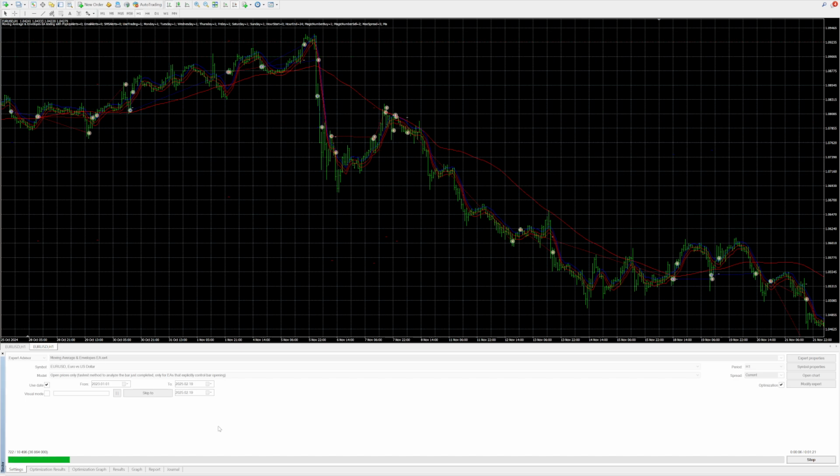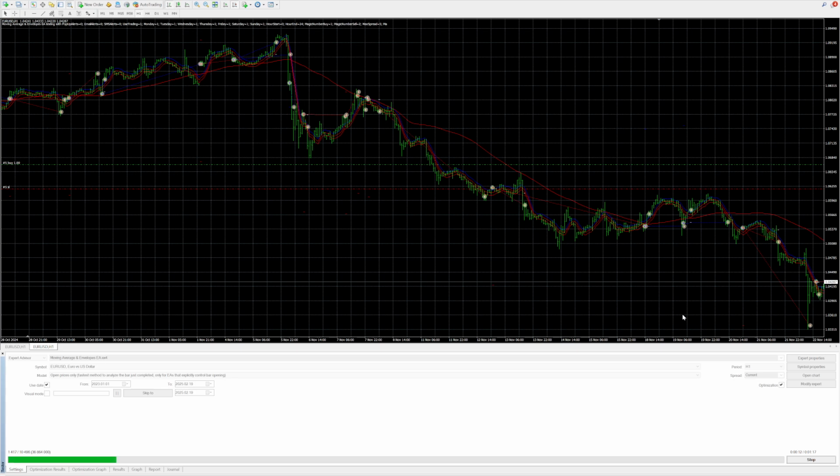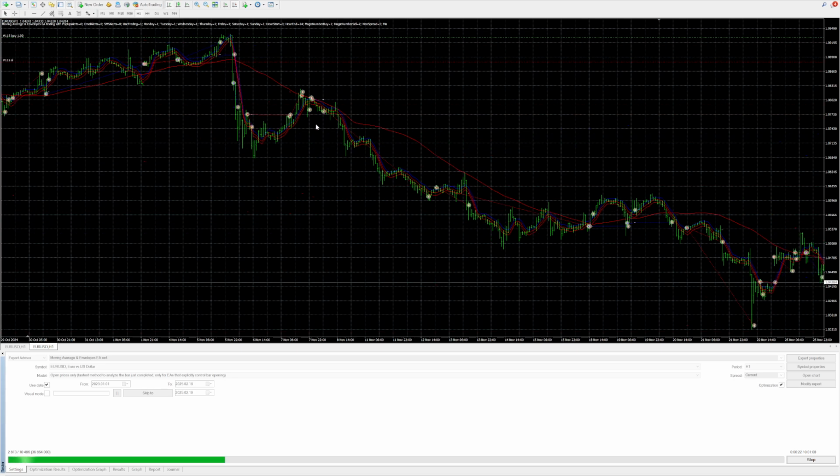Combining the various settings in the EA. Personally, the best way I'd use this EA is I'd have the moving average just to feel the trend direction, and the envelopes would be good if I'm looking for a reversal into the trend, like here. You can see moving average down. There's a reversal up here.